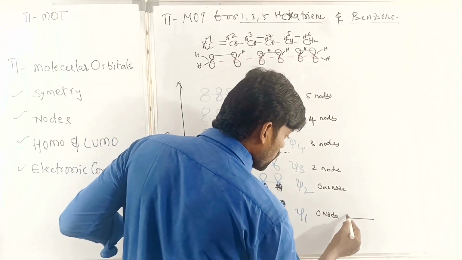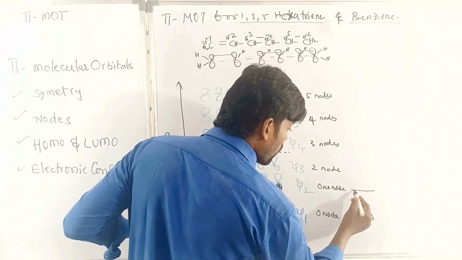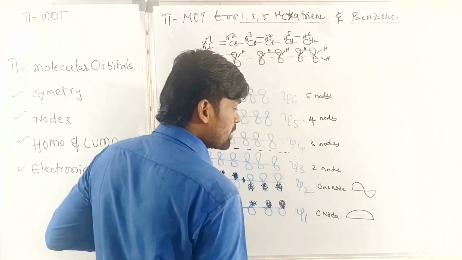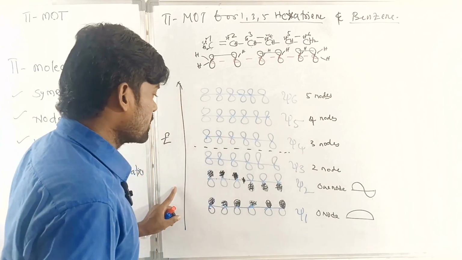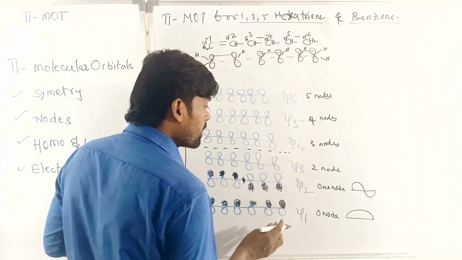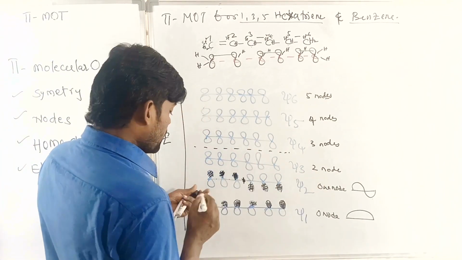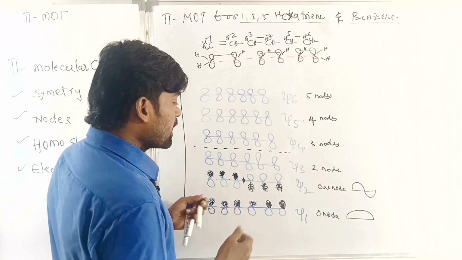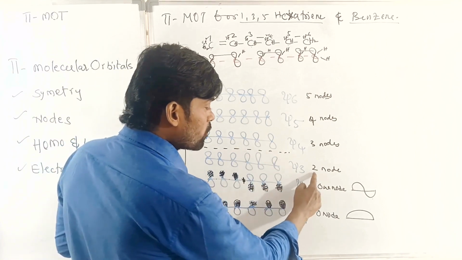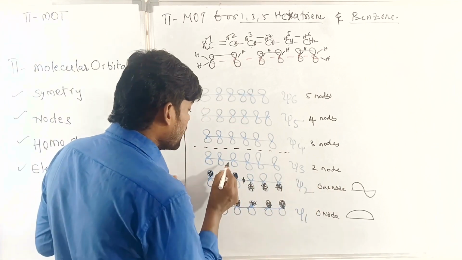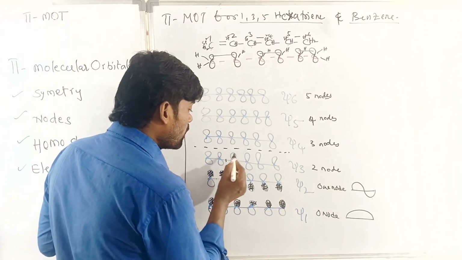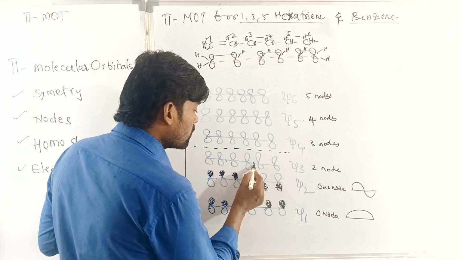So in Psi1, 0 nodes, all are upside. In Psi2, 1 node, 3 are upside, 3 are downside. Next, Psi3 has 2 nodes. We have to separate them with equal priority. I am separating here, 1 node, and here, 1 node.